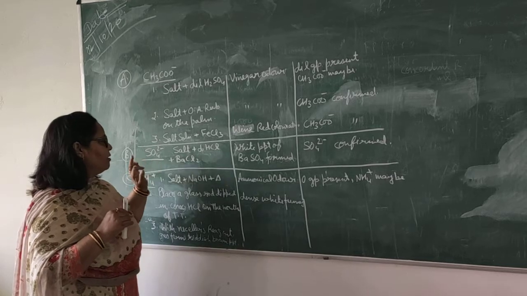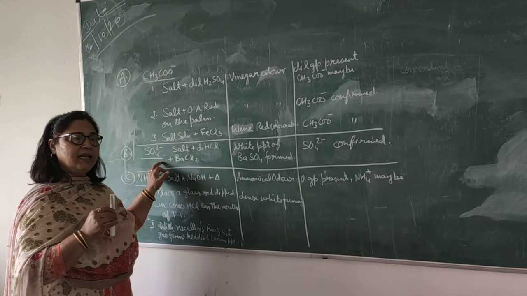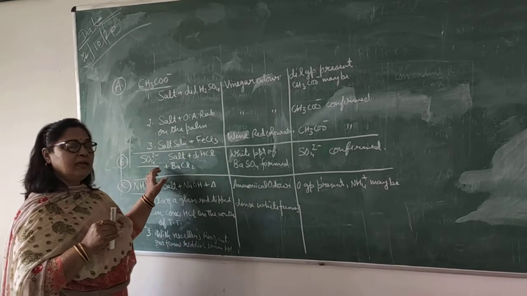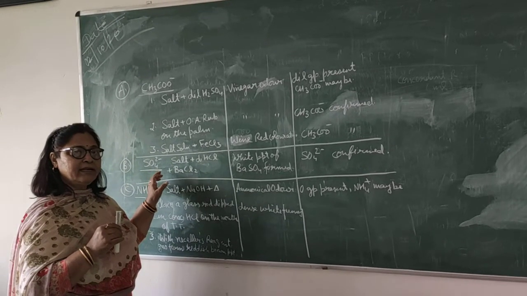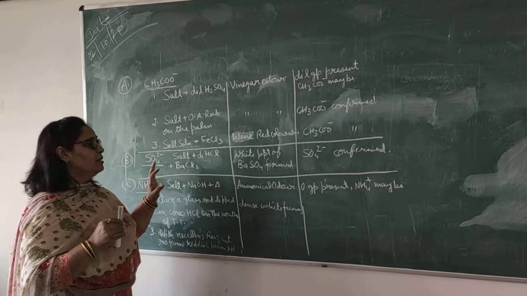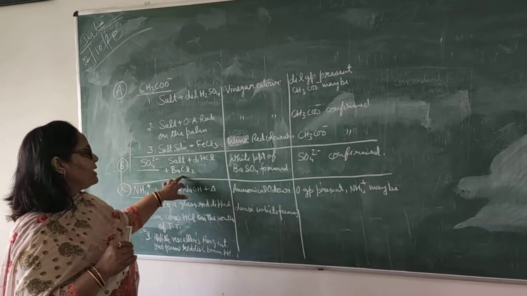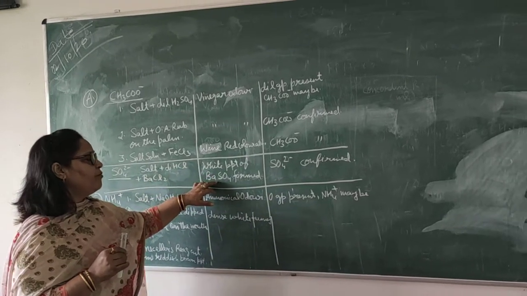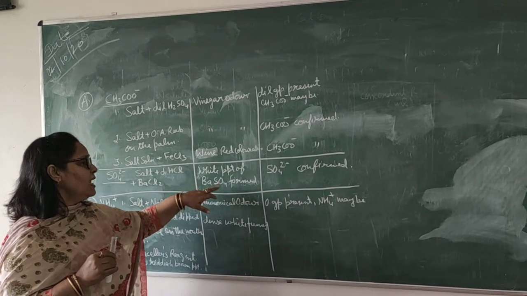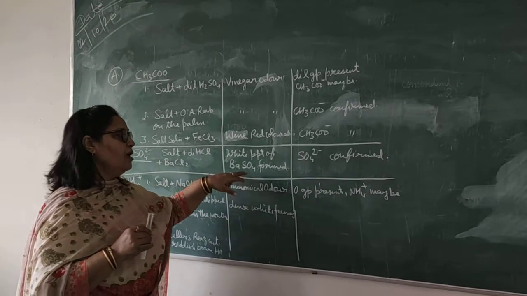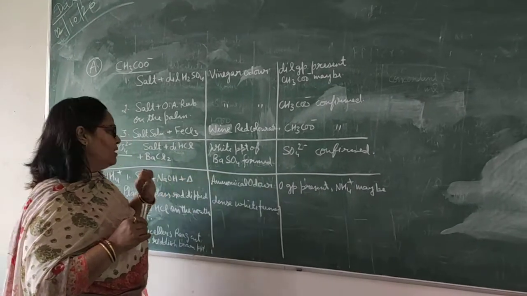Then for sulfate, first we test salt plus dilute H2SO4, no change, dilute group absent. Then salt plus concentrated H2SO4, no change, concentrated group absent. Then salt plus dilute HCl plus BaCl2, a white precipitate of barium sulfate is formed, which is insoluble in any acid like concentrated HNO3 or concentrated HCl.